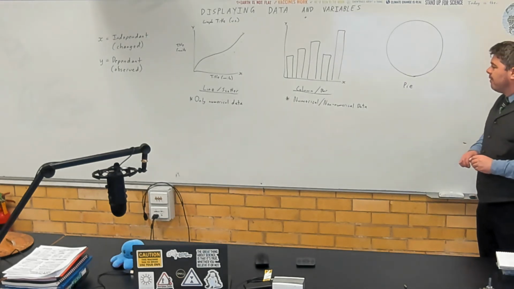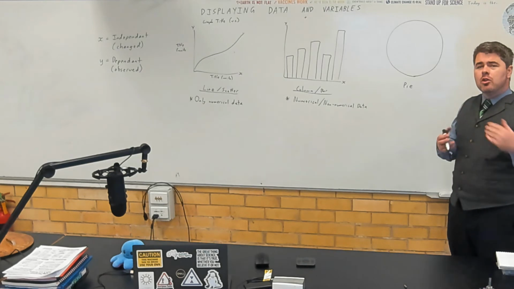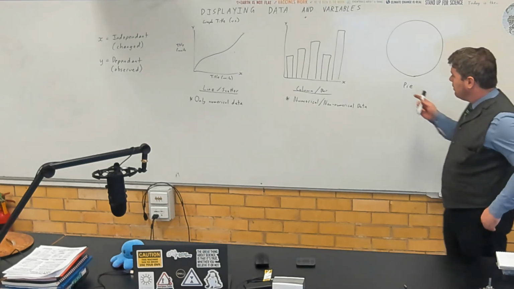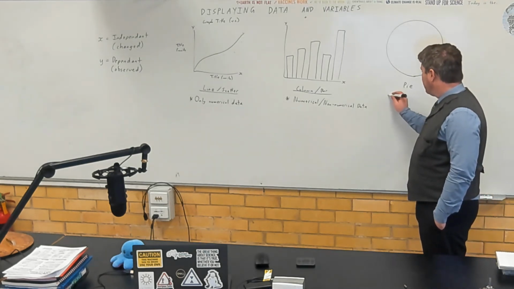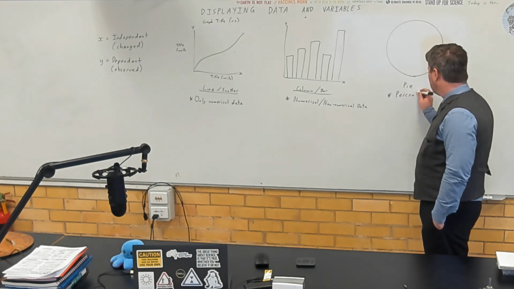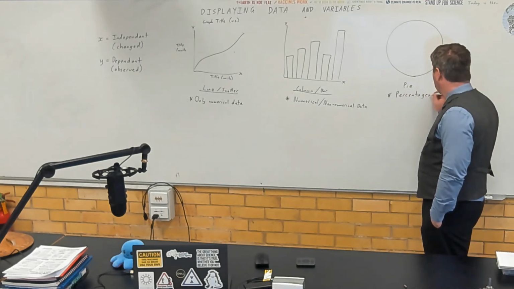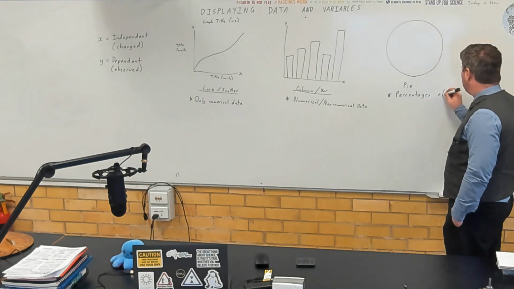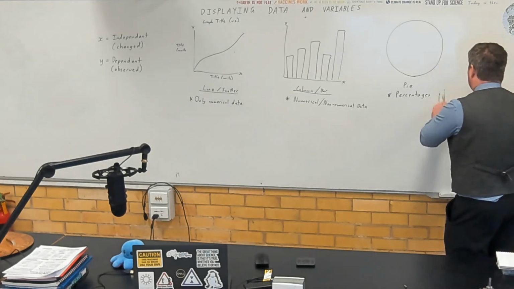For our pie graph, it's a little bit different. We tend to use numerical data here and non-numerical. But its main purpose is to illustrate percentages or fractions of a whole.